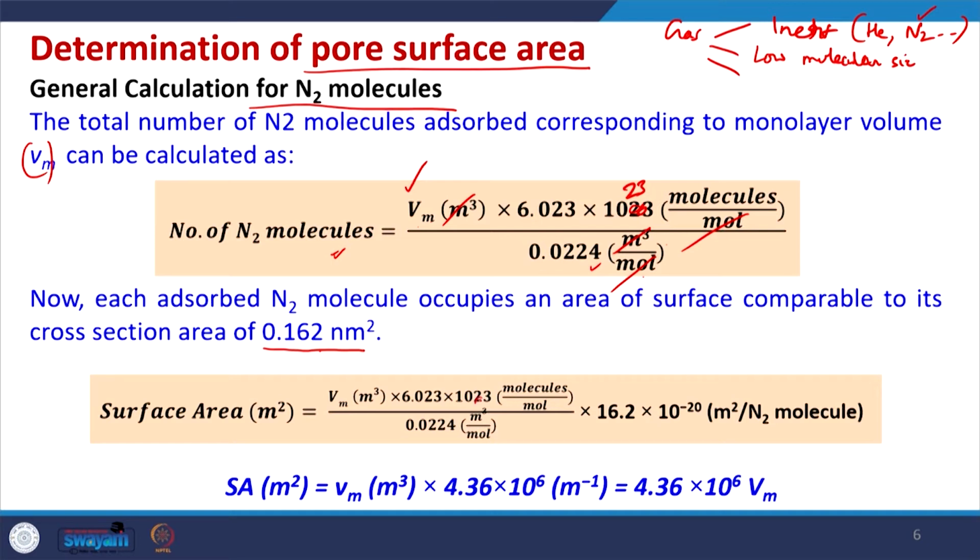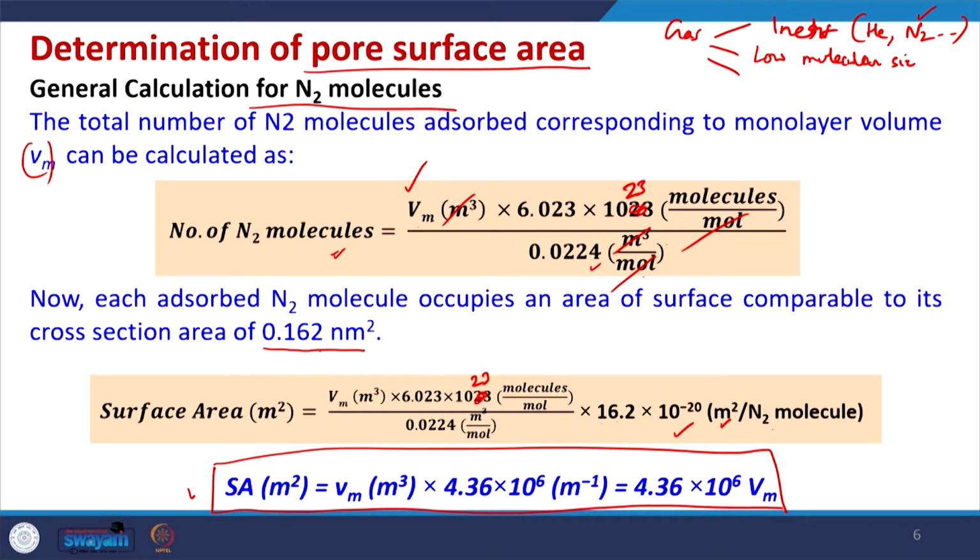So, surface area will be Vm, and what we do is multiply by the area for each molecule. Each N2 molecule occupies this surface area, so we multiply here 16.2 into 10 raised to minus 20. Once we get this, we can use this particular equation to find the surface area for any adsorbent.